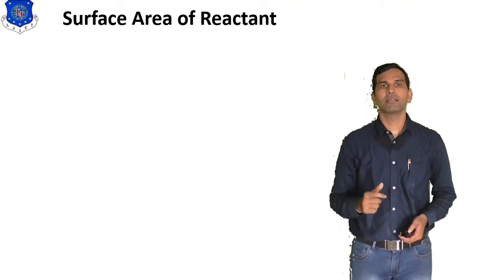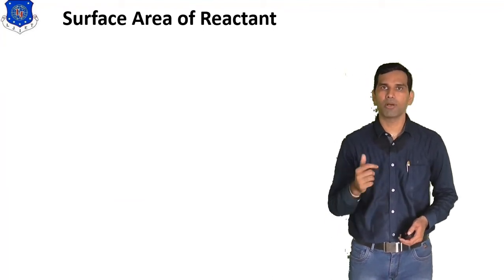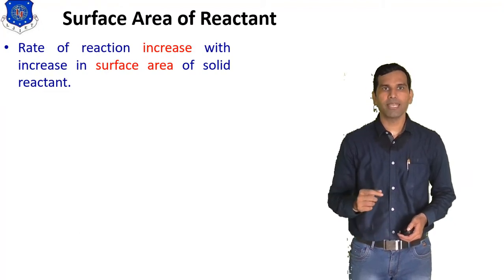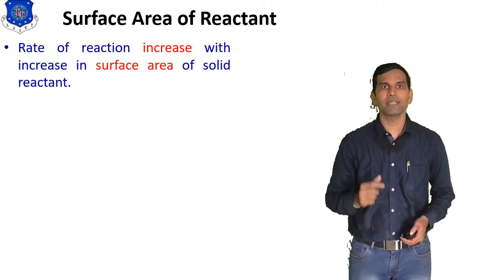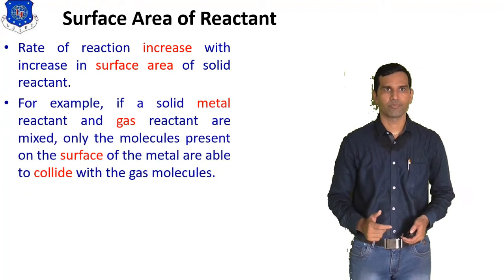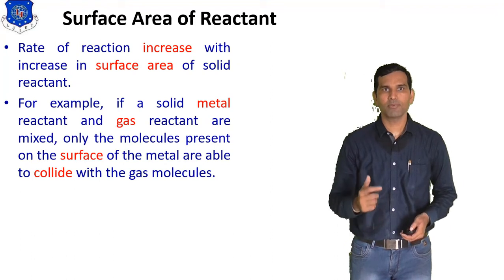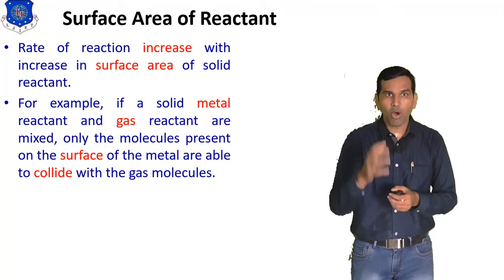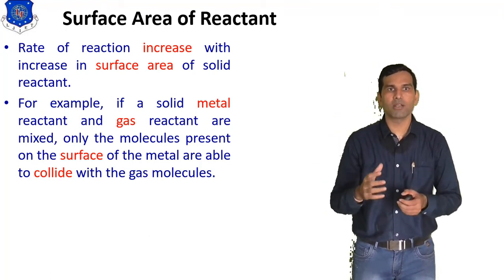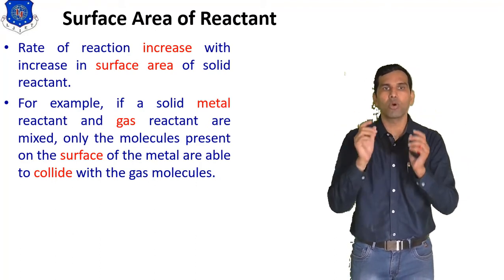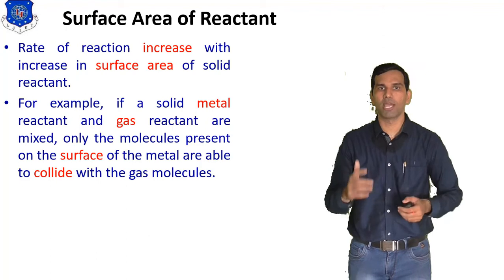Now the last one is the surface area of reactant. The rate of reaction increases with increase in the surface area of the solid reactant. For example, if a solid metal reactant and a gas reactant are mixed, only the molecules present on the surface of the metal are able to collide with the gas molecules.